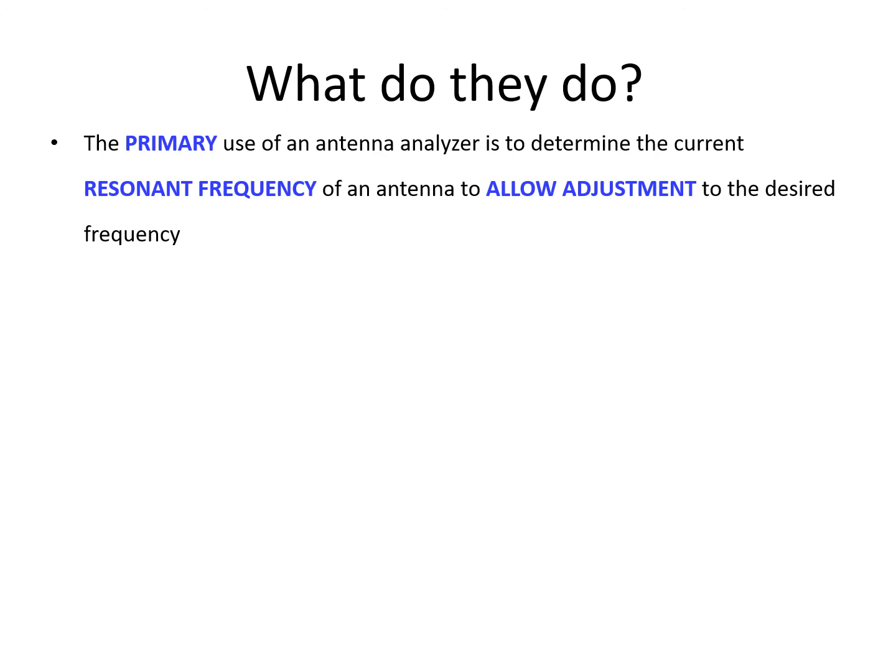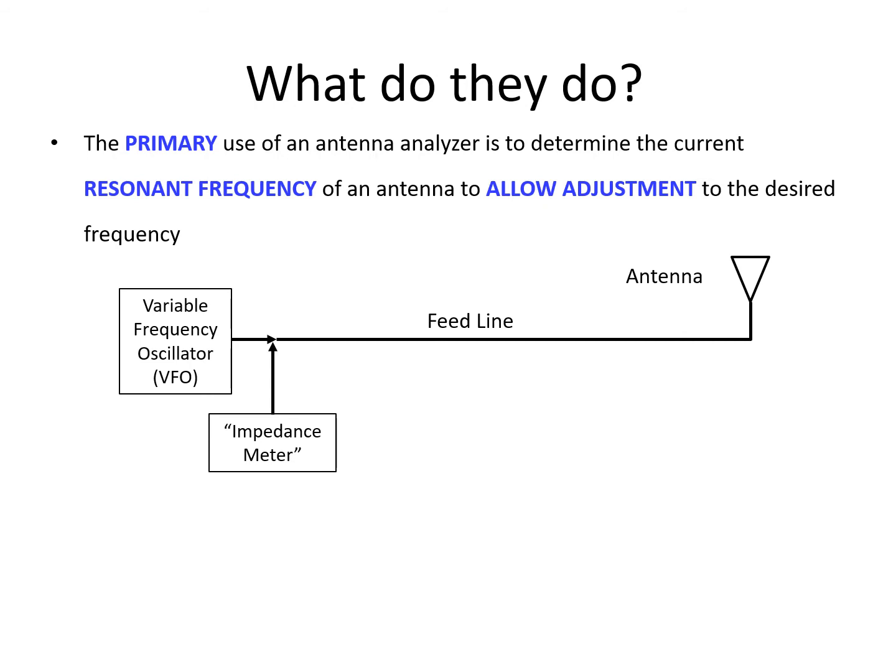The primary thing that an antenna analyzer does for ham radio is it gives you the ability to determine the resonant frequency of an antenna, so that you can adjust the antenna to get to the desired resonant frequency that you'd like to have. Now, if we take a look here at this schematic, what we're looking at is an antenna system which consists of the feed line and an antenna.